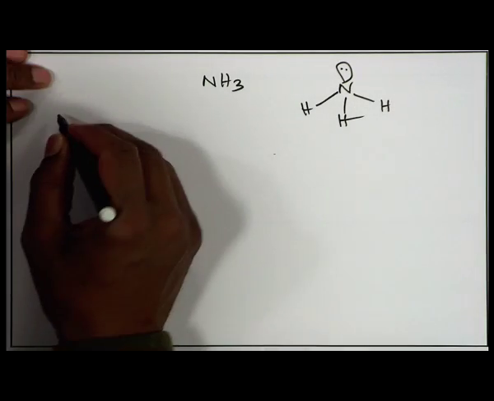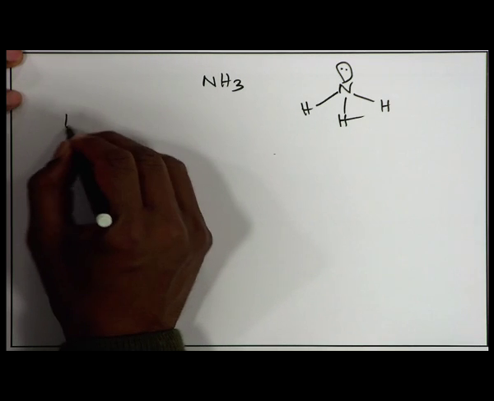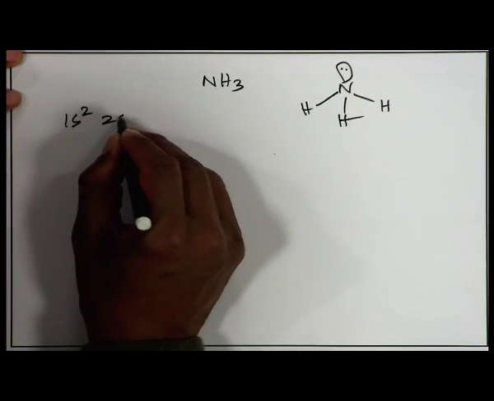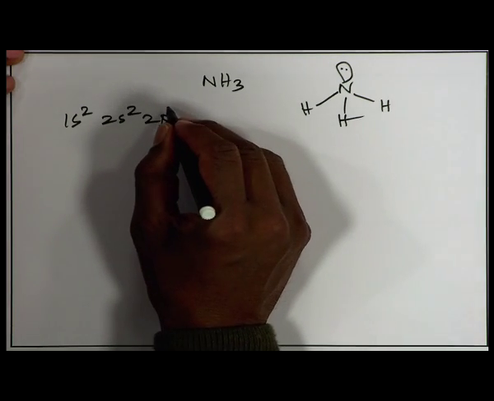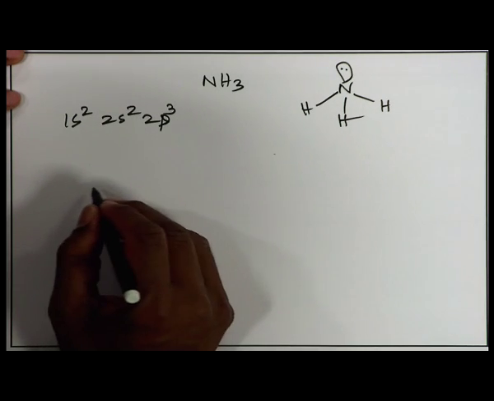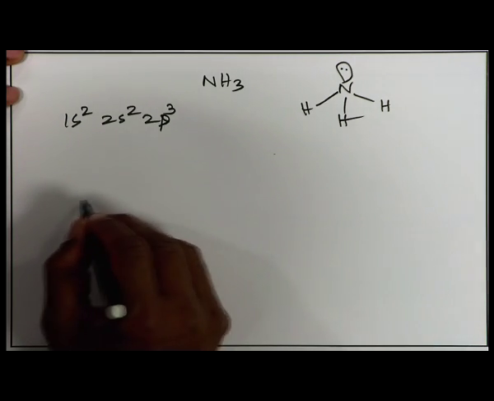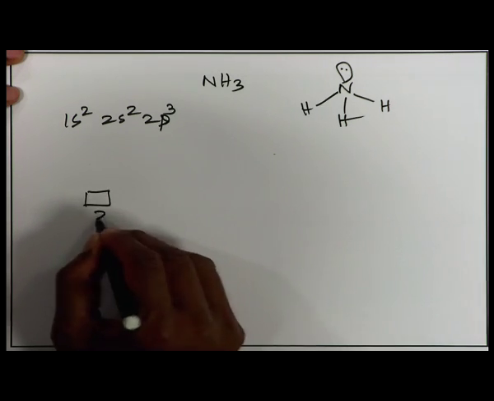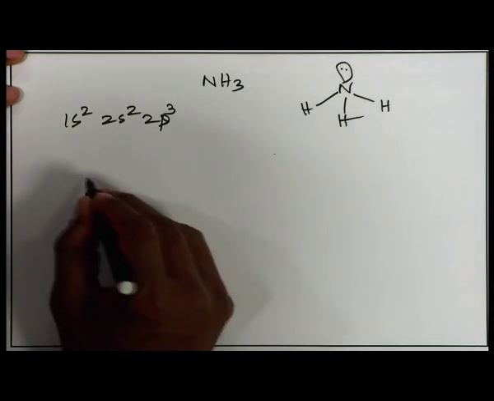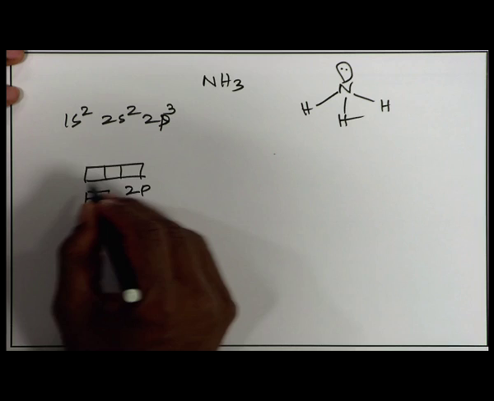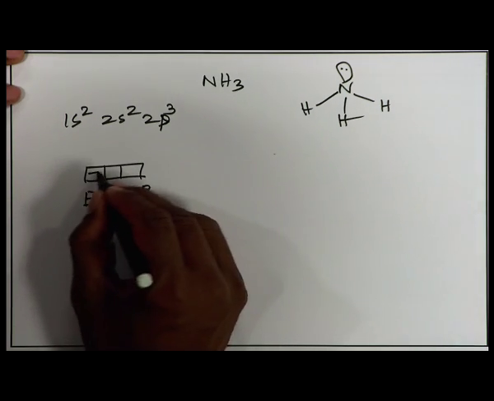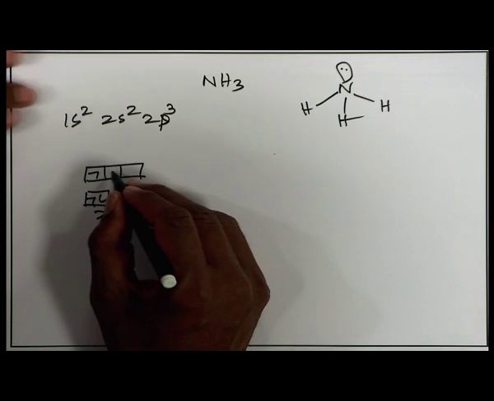The electronic configuration of nitrogen is 1s2, 2s2, 2p3. So, you can write the 2s level containing 2 electrons, and then there is the 2p orbital, which has 1 electron in each of the three p orbitals.